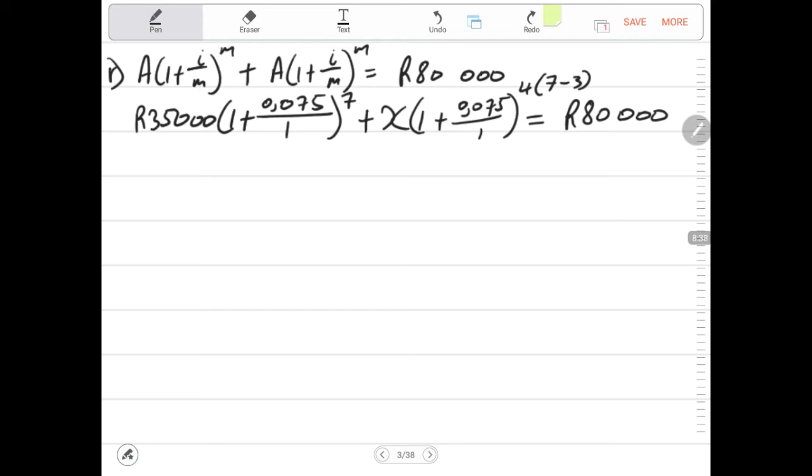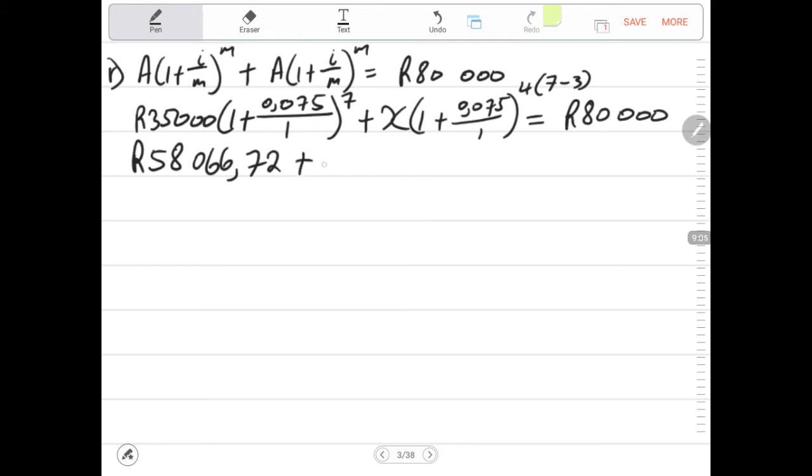Then second function, meaning to the power of 7. Then I say equal. It gives me the amount of 58,000 rands and 66 rand 72 cents. It was 71.99, so I rounded off to 2 decimal places, 72.